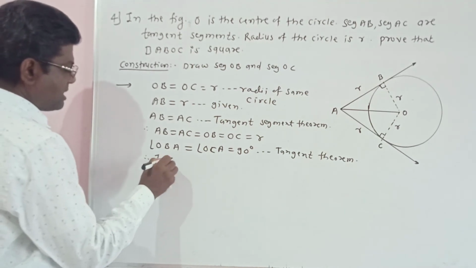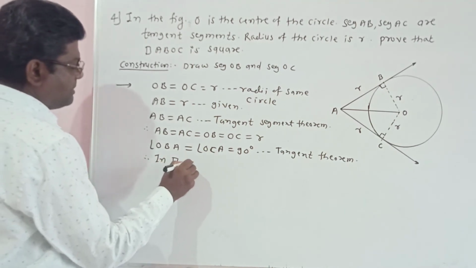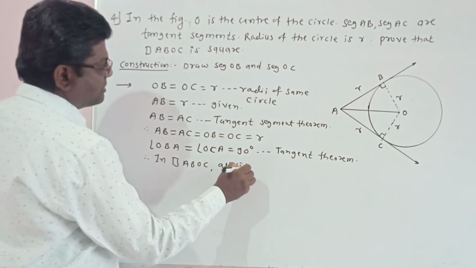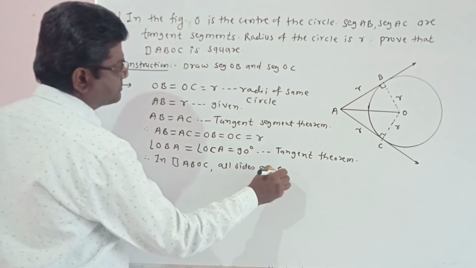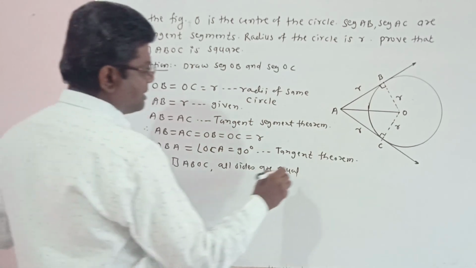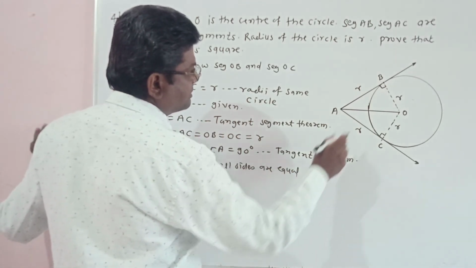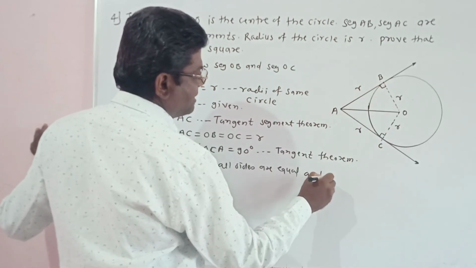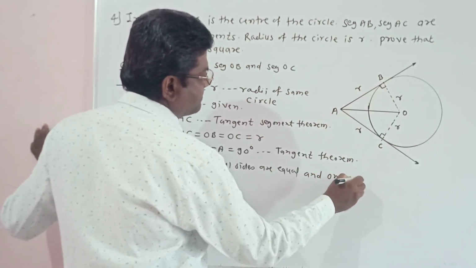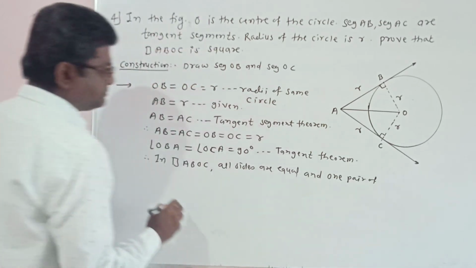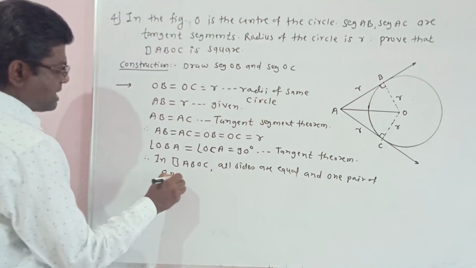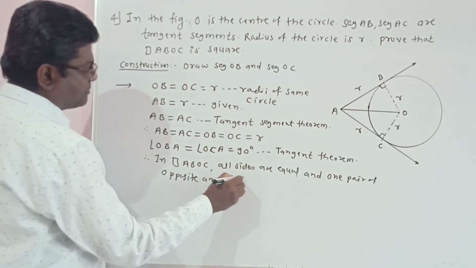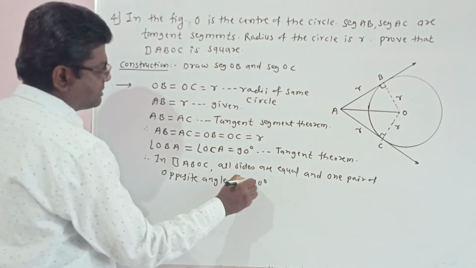Therefore, in quadrilateral ABOC, all sides are equal, and these two angles are opposite angles and each angle is 90 degree, and one pair of opposite angles is 90 degree.